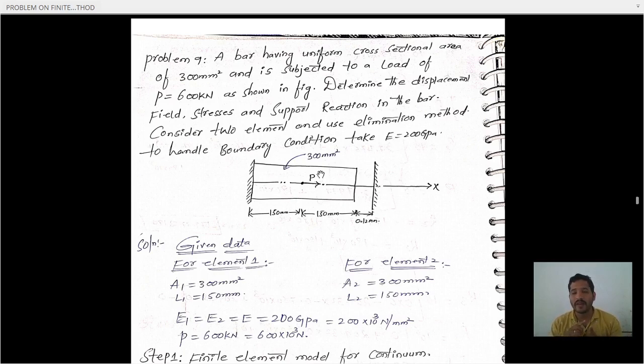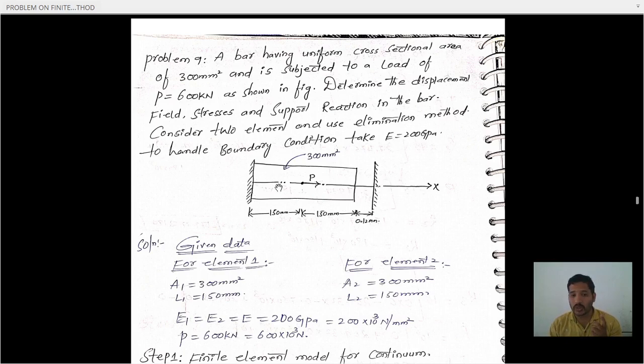Displacement is nothing but we need to find out the value of q1 at node 1, q2 at node 2, q3 at node 3, as well as we need to find out the stresses. Because we have how many nodes? 1, 2, 3. How many elements do we have? 2 elements.